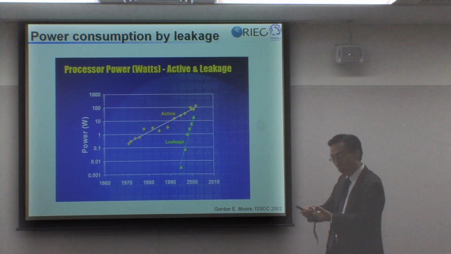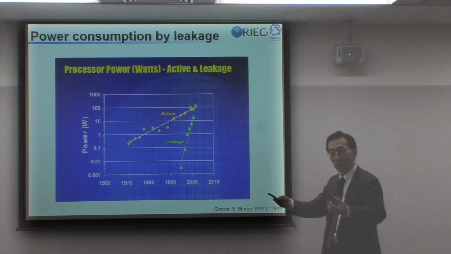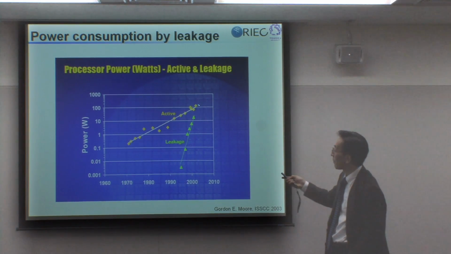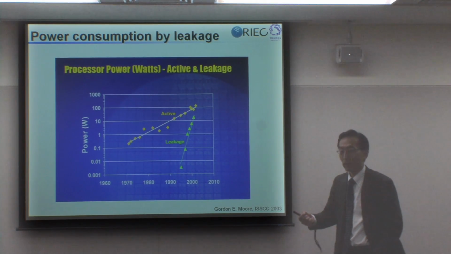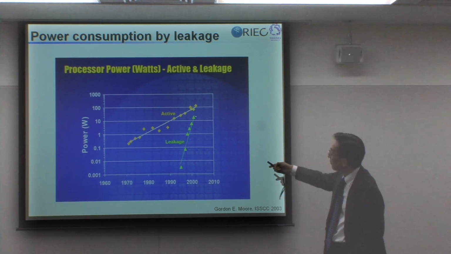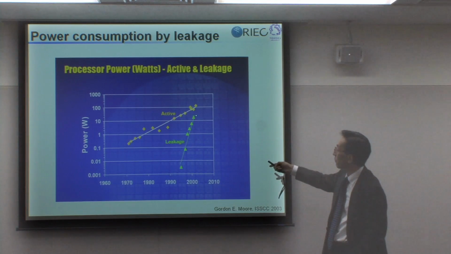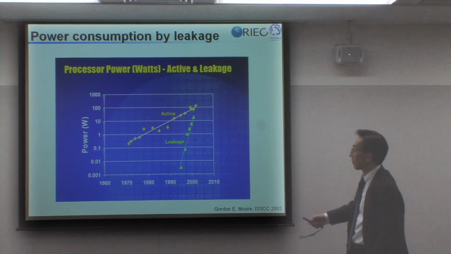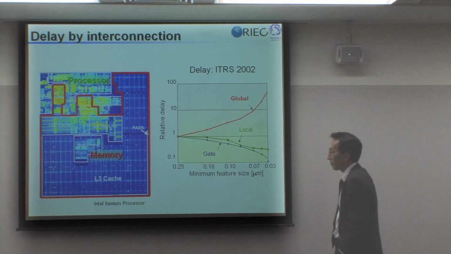But when you have billions of them on a chip, it adds up to a power that is comparable to active power. So even if your processor is not doing anything, you have to supply a large amount of power. So that's one limit, or one challenge.